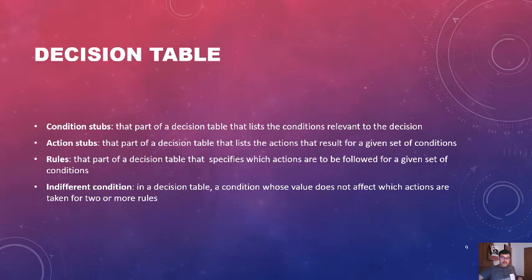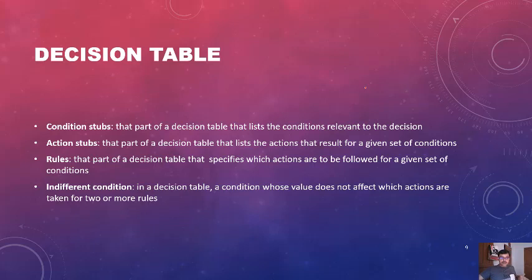The condition stub is that part of a decision table that lists all the conditions relevant to the decisions. So in the condition stub, we will list all the decisions or conditions which are relevant. The action stub is that part of a decision table that lists the actions that result for a given set of conditions.